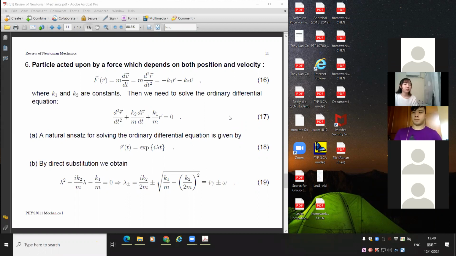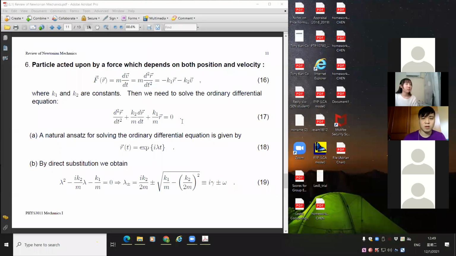So again, when you look at this equation of motion, you differentiate the vector R once, you get back something proportional to vector R. You differentiate twice, you get something proportional to the R vector again. So what will be the solution?